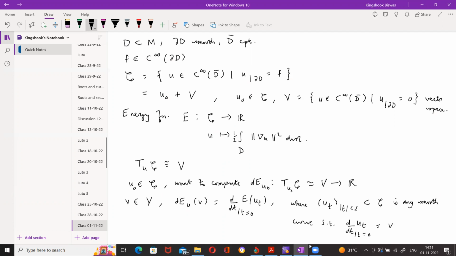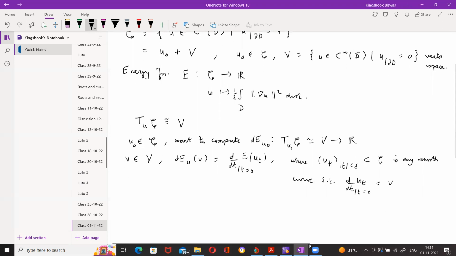Okay. So now this derivative we found is equal to minus the integral over D of v times the Laplacian of u naught. Right, this is the computation we did.